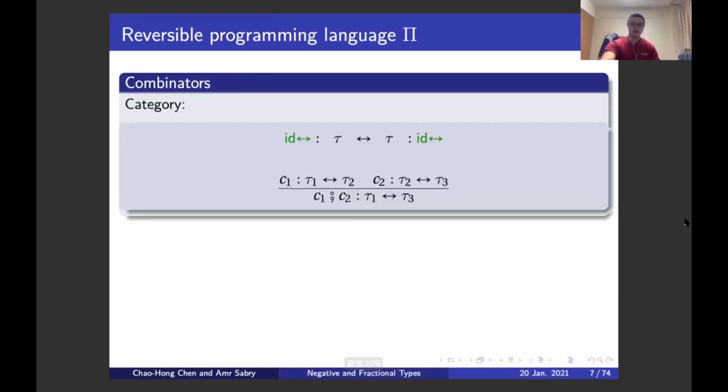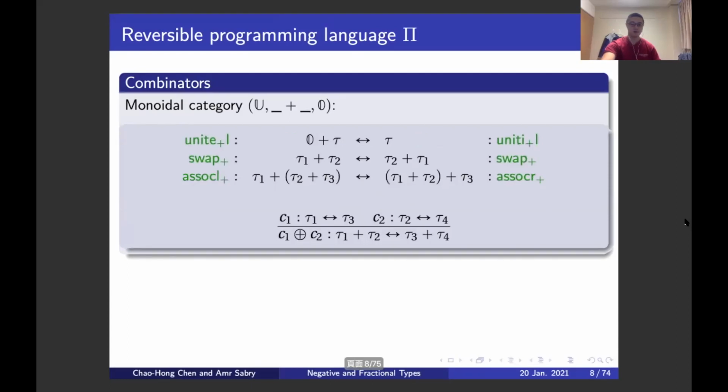So let's look at the combinators of Pi. First, these are the combinators from the definition of category. So we have ID and we have this composition. And then these are the combinators from the monoidal category of sum types. So we have this swap, associator, and then these are from the functor law.